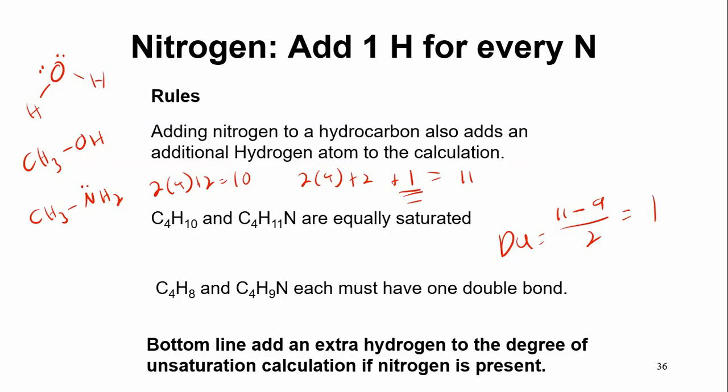Is the answer always 1? No. But funny you should mention that. There are certain degrees of unsaturation that give you clues. If you come up with a degree of unsaturation of 4, chances are pretty good you have an aromatic ring. 4 or higher, you may have an aromatic ring in small molecules. It's very common. Why? Take a look at benzene.